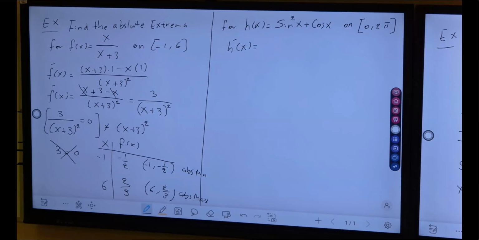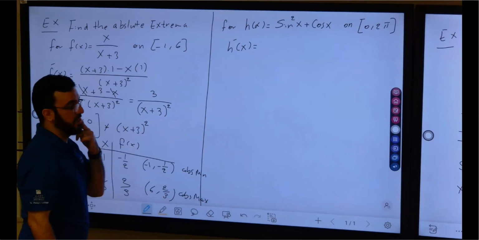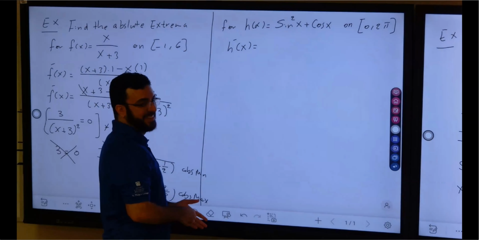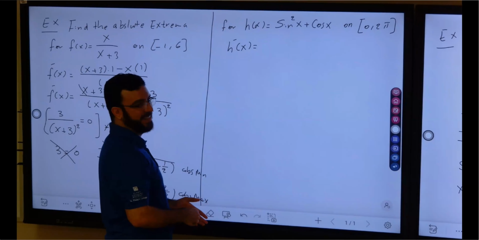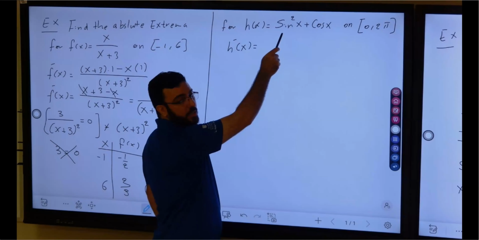Leave this one here. Who's going to tell me the derivative here? It will be 2 cosine.